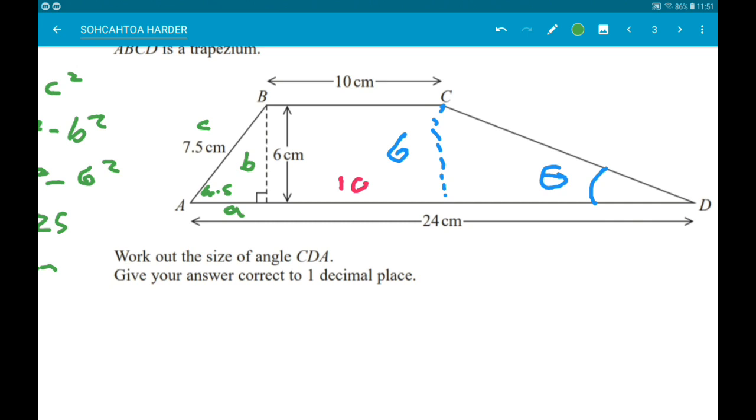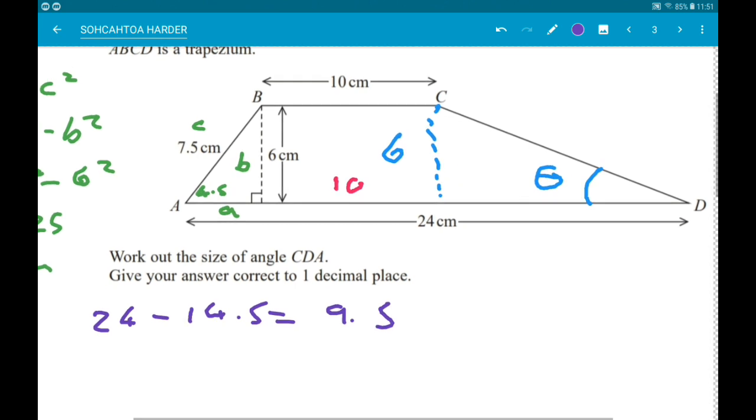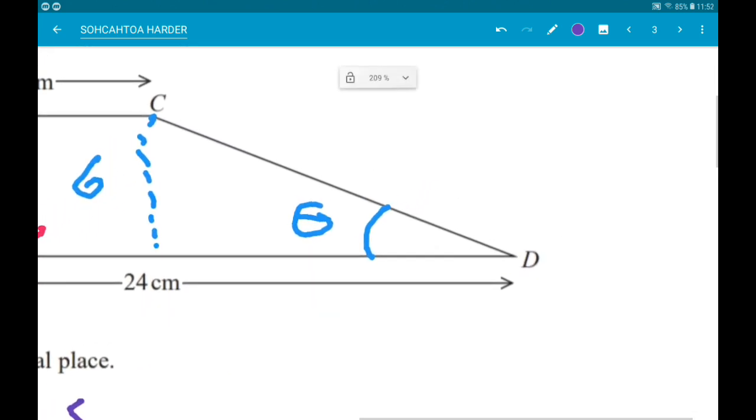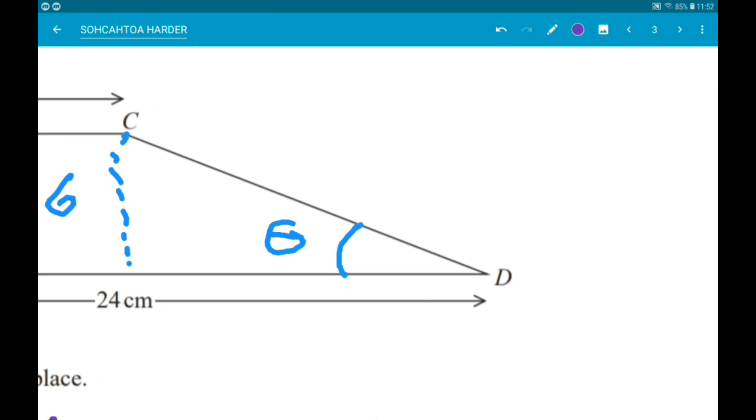So 10 add 4.5 is 14.5, so we want what's left, so 24 minus 14.5 gives us 9.5. So that is now the base of this right-angled triangle.